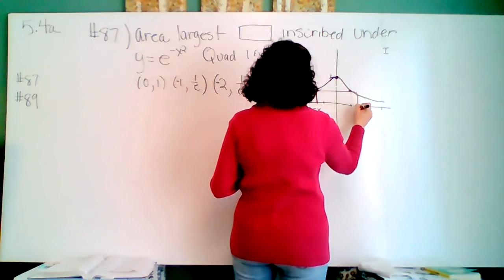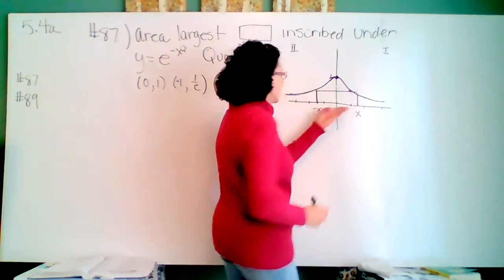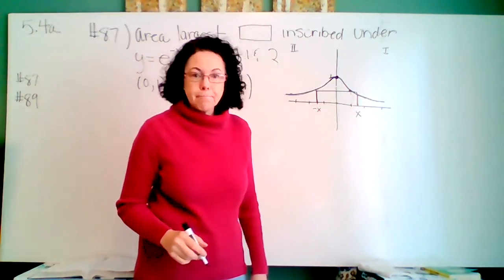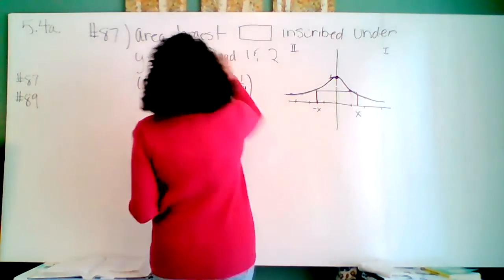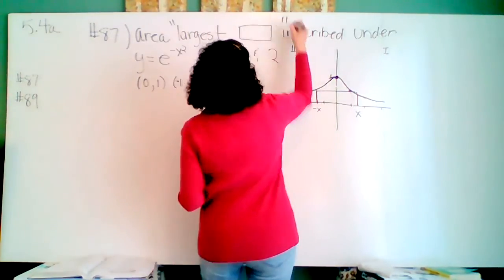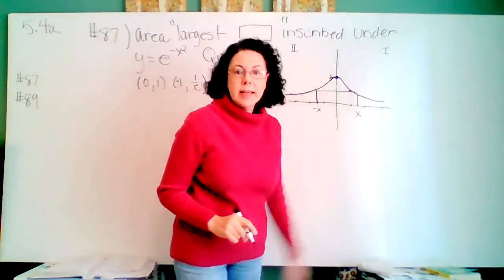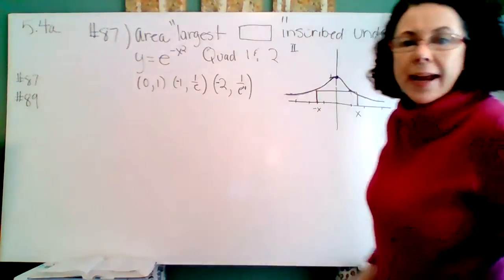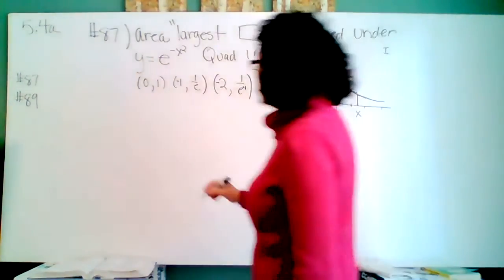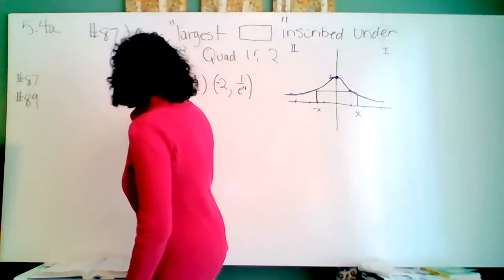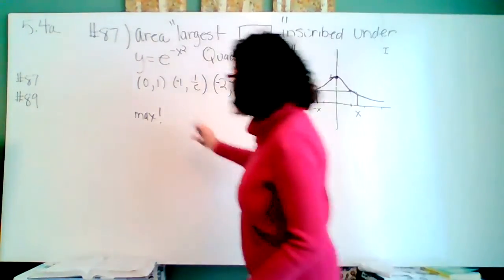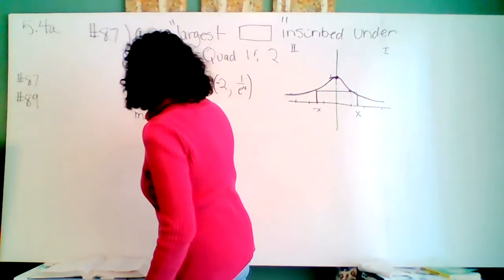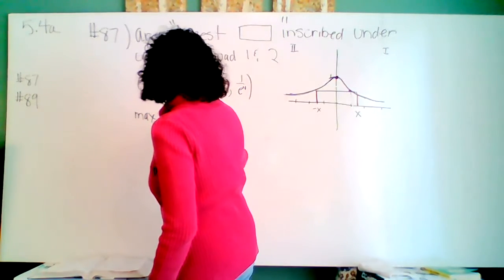They're basically saying, what's the largest rectangle I can make here? Okay, so when they say largest rectangle inscribed, it's on the inside, they're asking me to find a maximum, a largest area, the maximum of the area function.